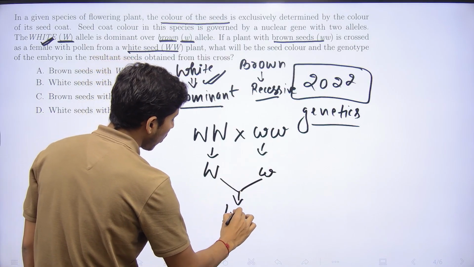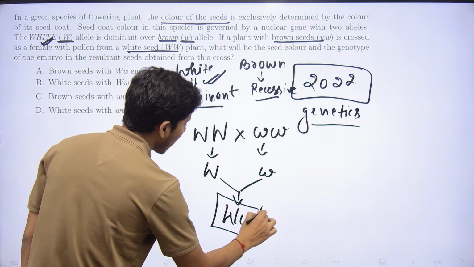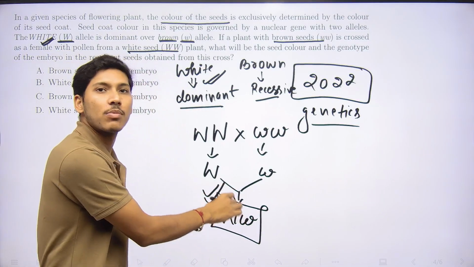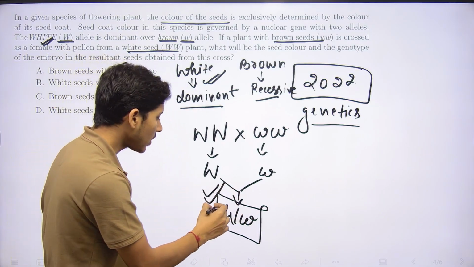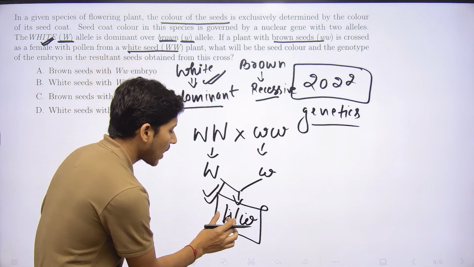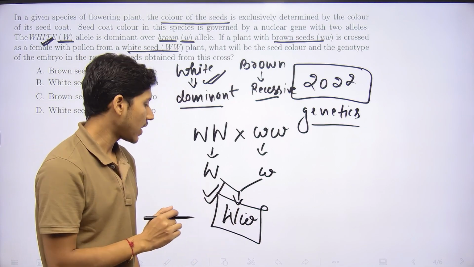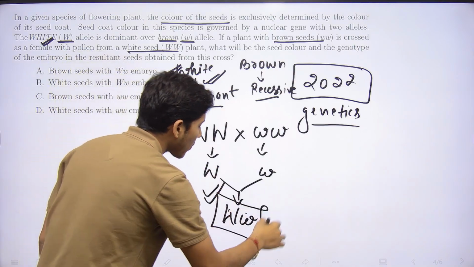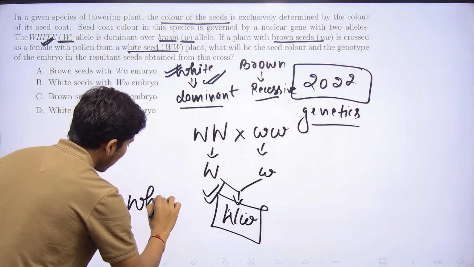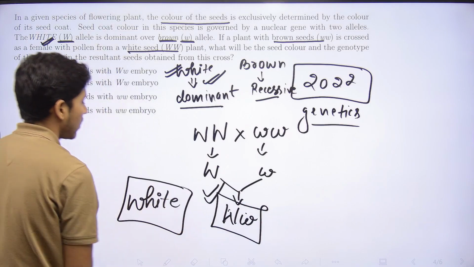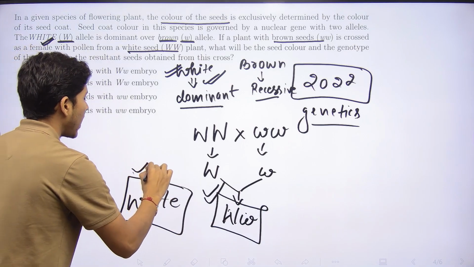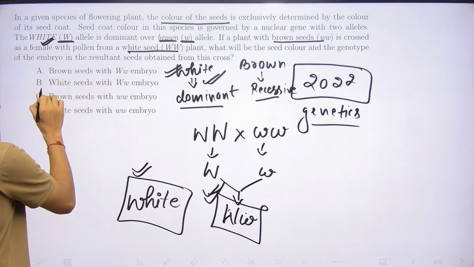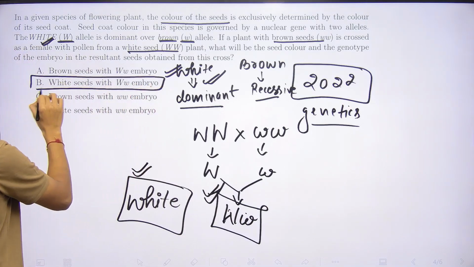The resultant progenies will be capital W, small w. So all the progeny will have the genotype capital W, small w, and we know that among capital W and small w, capital W is dominant. Okay, and capital W codes for white color. So all the progenies will have white color with the genotype capital W, small w. That is the answer, which is option number B.